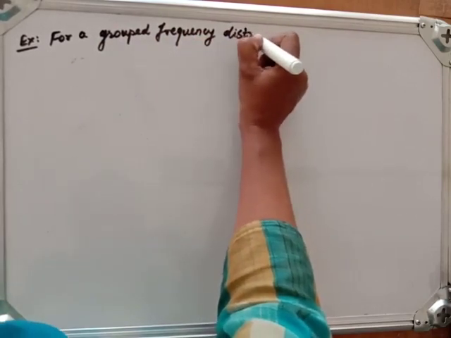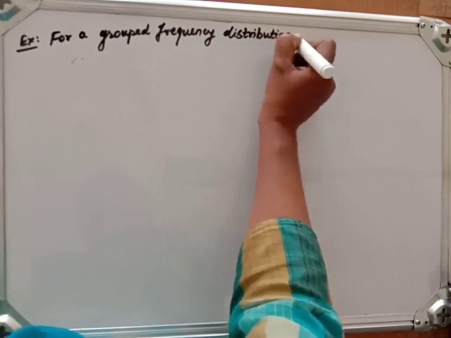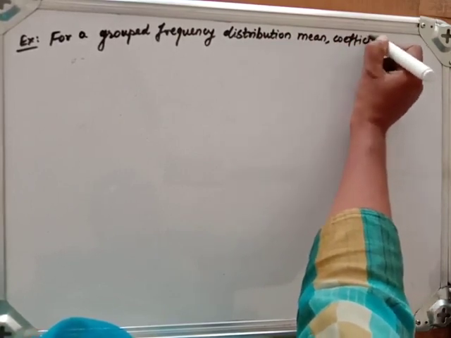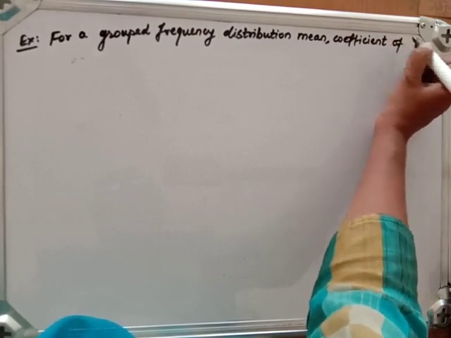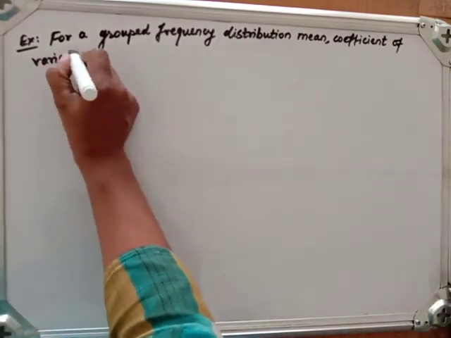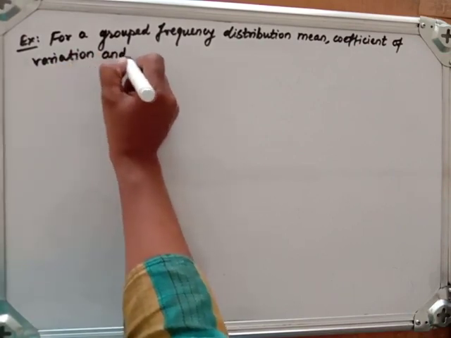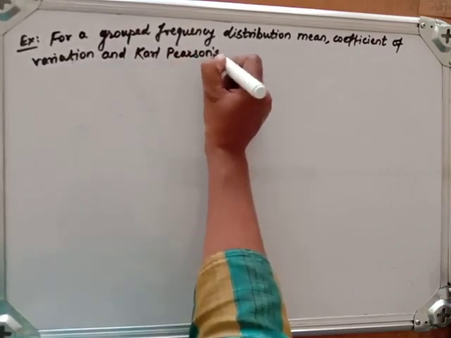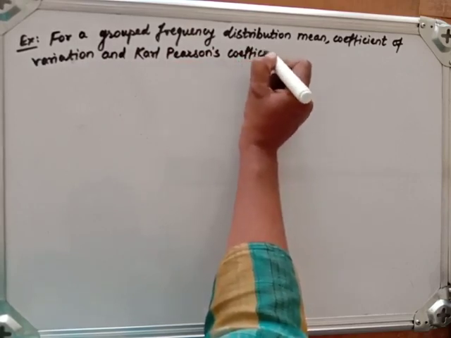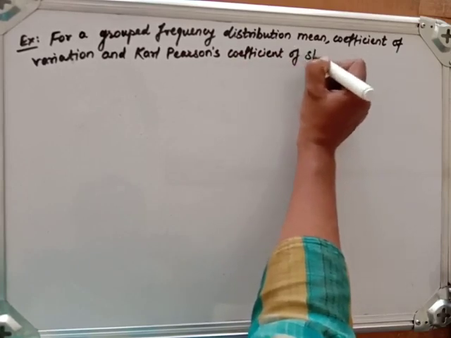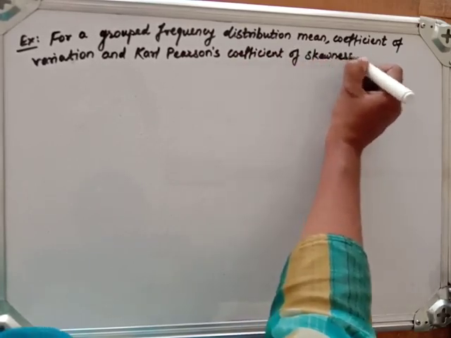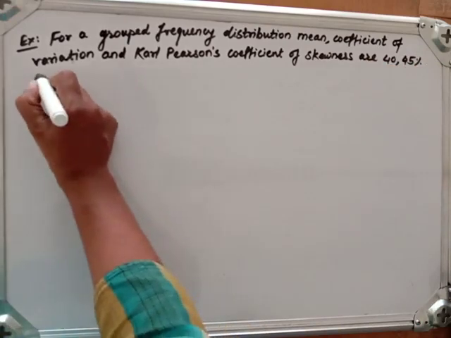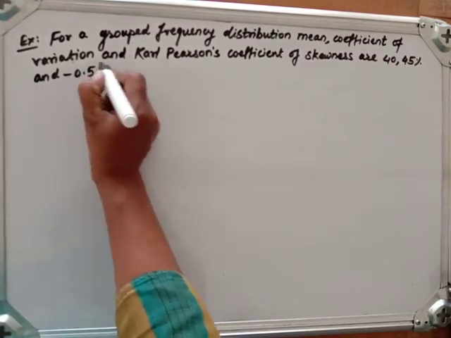For a grouped frequency distribution, mean, coefficient of variation and Karl Pearson's coefficient of skewness are 40, 45% and minus 0.5 respectively.